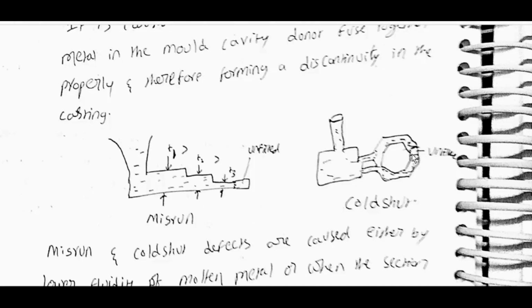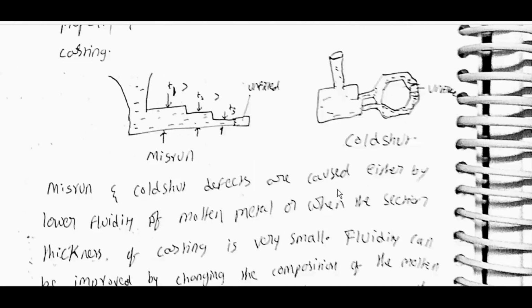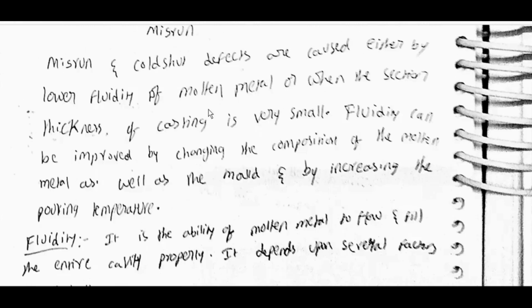Cold shut: there will be an unfilled cavity here. Misrun and cold shut defects are caused either by lower fluidity of molten metal or when the section thickness of the casting is very small. Fluidity can be improved by changing the composition of the molten metal as well as the mold and by increasing the pouring temperature.